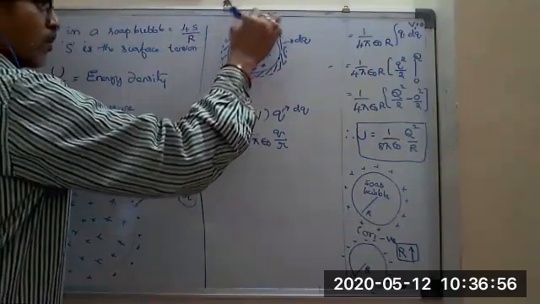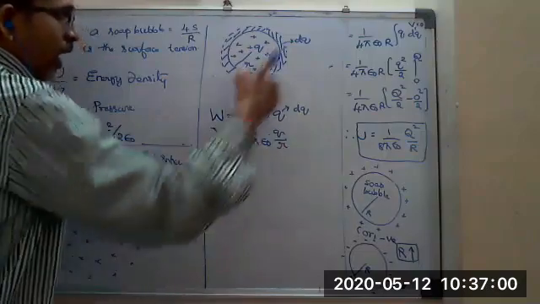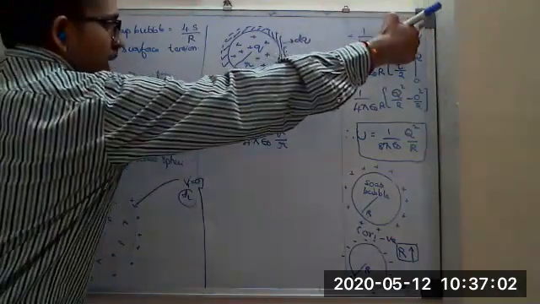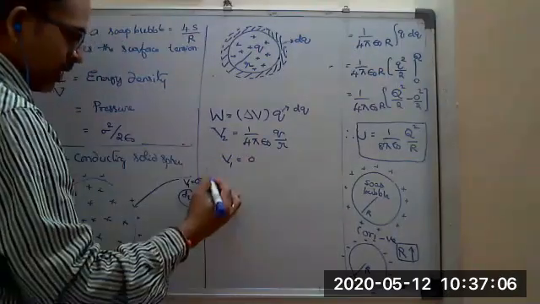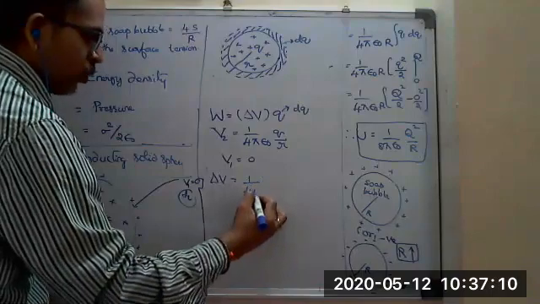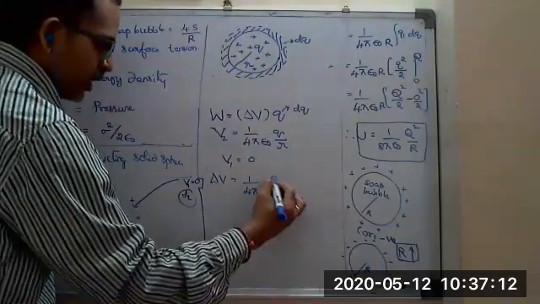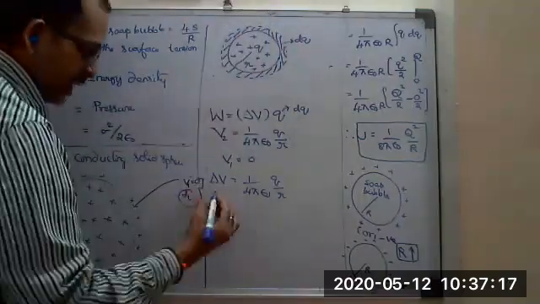That dq I am adding and bringing from infinity. From infinity means V1 is 0. Therefore, delta V, V2 minus V1, I am getting 1 by 4 pi epsilon naught q by r, and you are adding that dq.